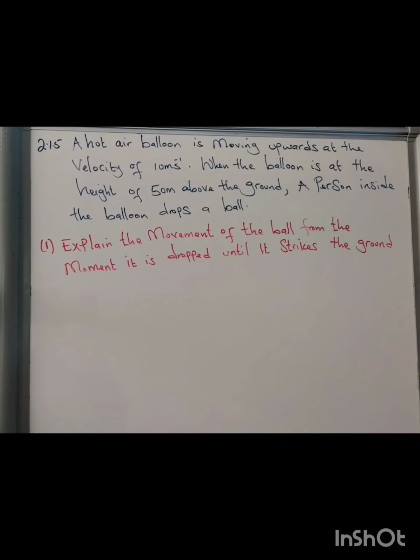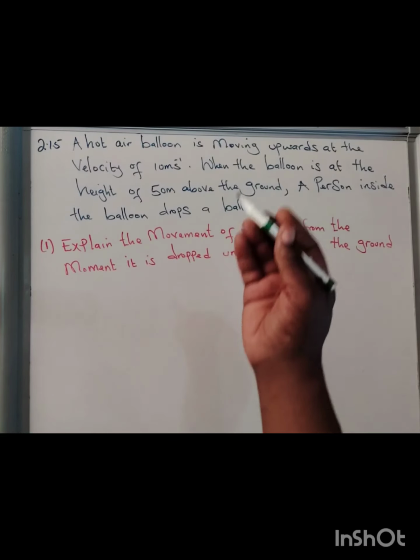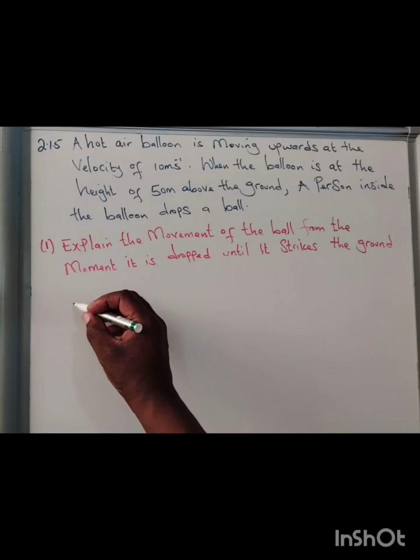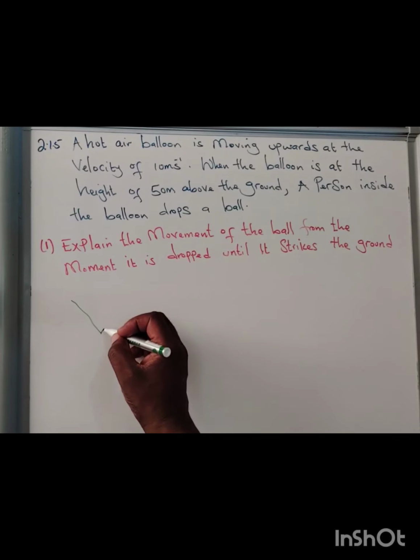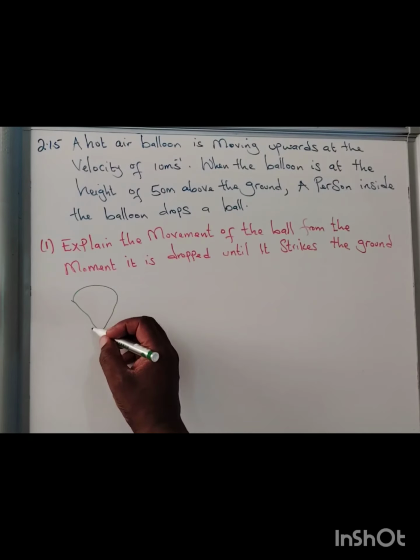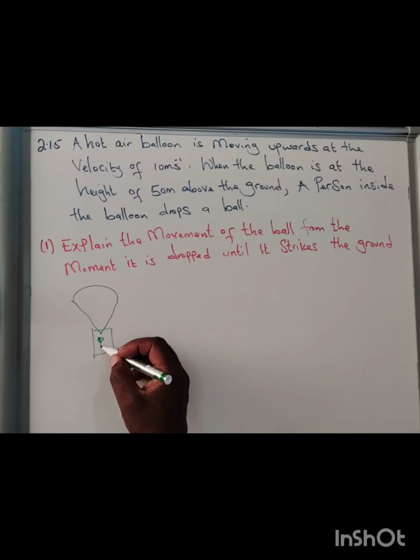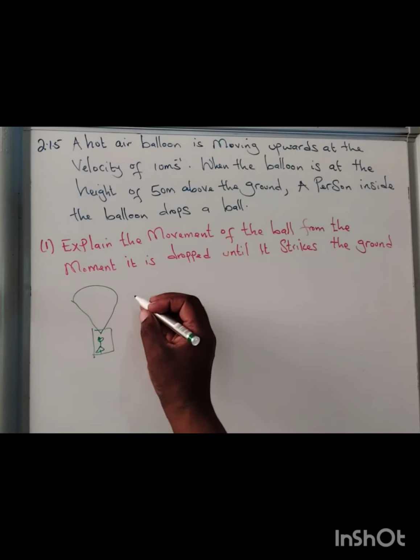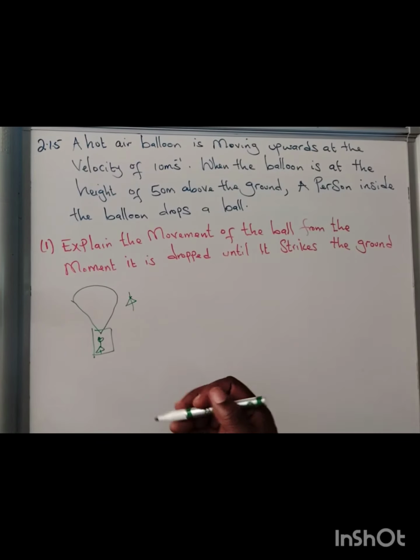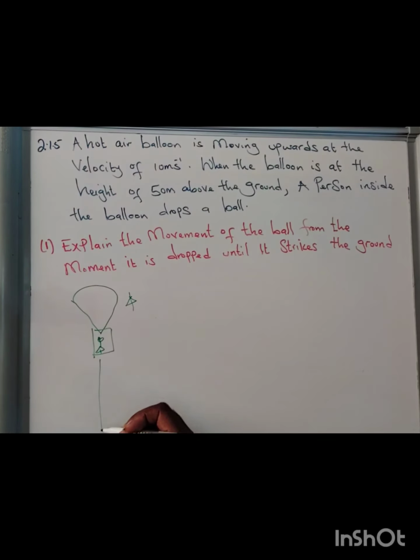Okay, how does it move? This is the picture we have to know. If you have this as our balloon with people inside, and it is moving upwards, and the height is 50 meters.